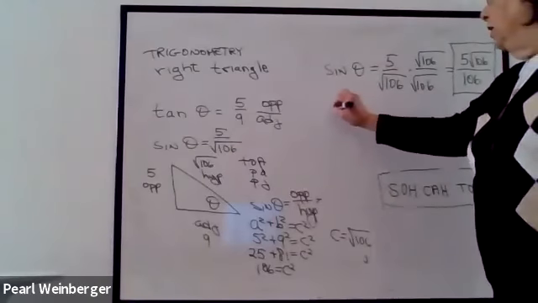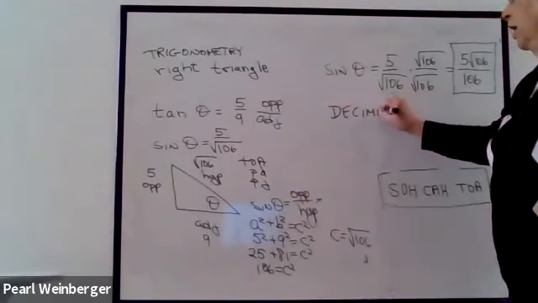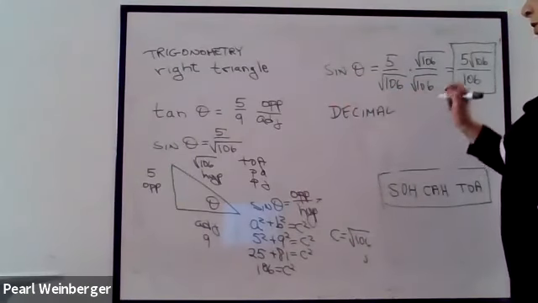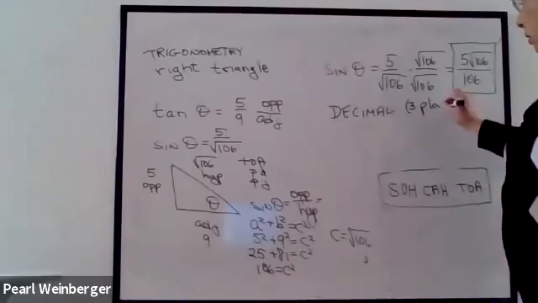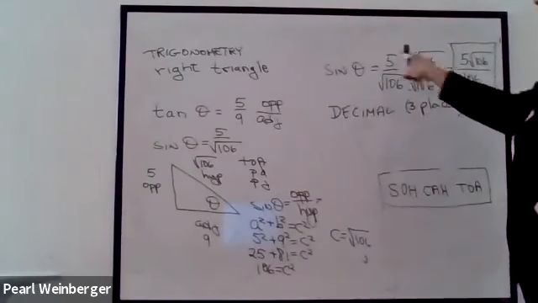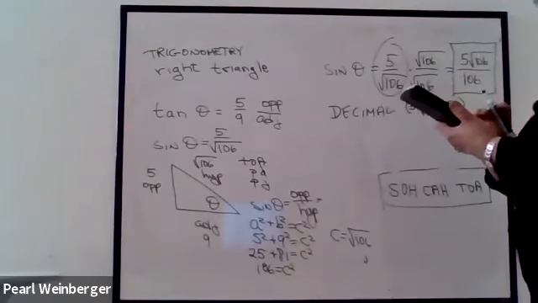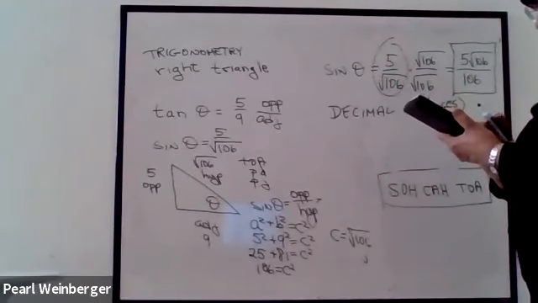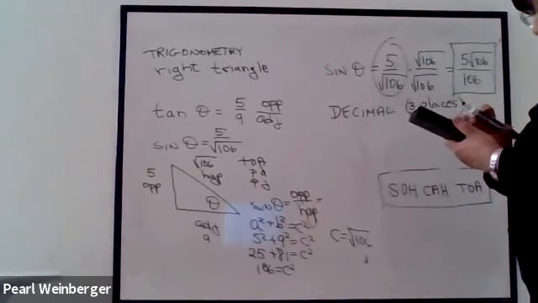Sometimes they want it in decimal form. Let's say they want it in decimal form to 3 decimal places. So then I could just take this number and stick it into my calculator. In my calculator, I will do 5 divided by the square root of 106.